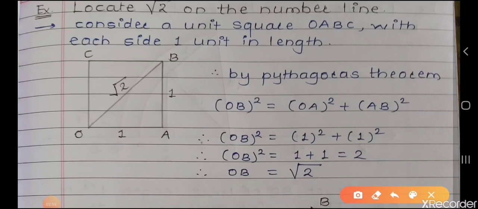OA is 1, so 1 square, and AB is also 1, so 1 square. Square of 1 is 1, so 1 plus 1 is equal to 2. By taking positive square roots on both sides, we get OB is equal to square root of 2.